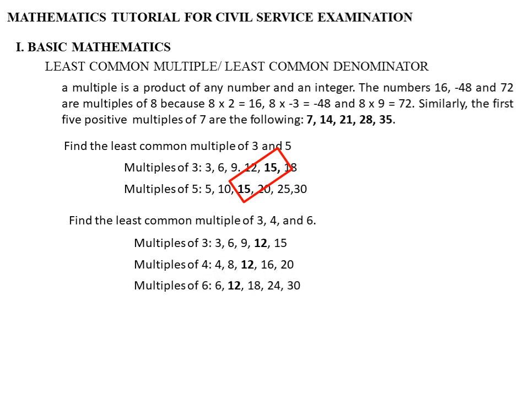And multiples of 6 are 6, 12, 18, 24, 30. As we can see, their common number is this one, the 12. So the answer is 12. The least common multiple of 3, 4, and 6 is 12. So what is the usage of this multiple?